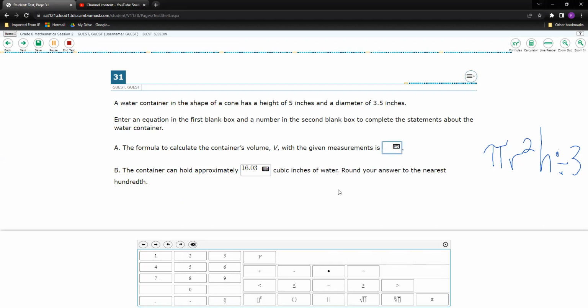So how do we write the formula? Volume is equal to, I think pi is going to be hidden here. Let me see what I can do. Pi.